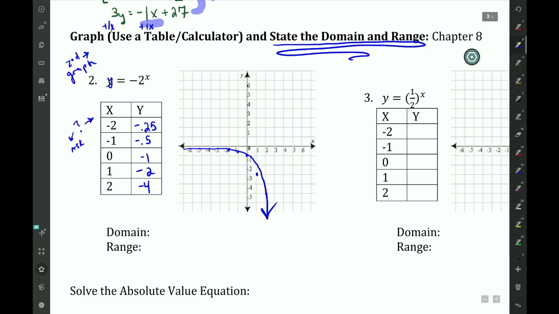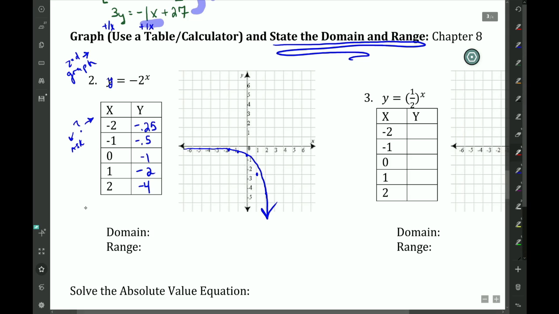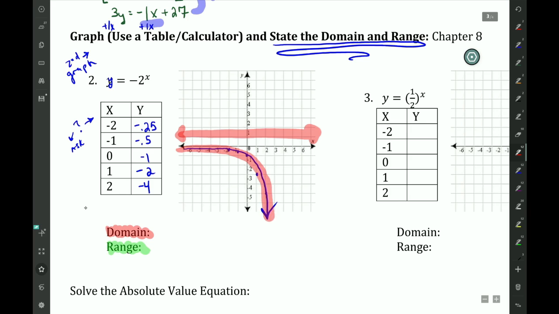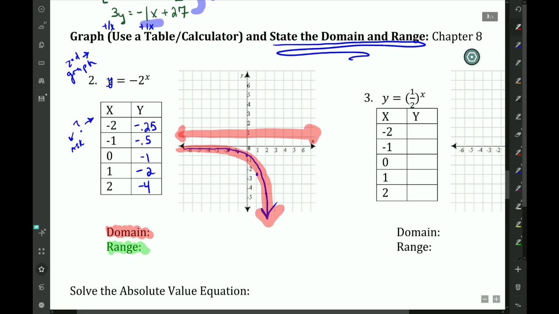Now the last thing is talking about the domain, which I'm going to highlight in red, and the range, which I will highlight in green. The domain is talking about all the values from left to right. So if you are to trace your graph from left to right, it would essentially end up covering all the values of x. Remember, domain is x, so all x values.